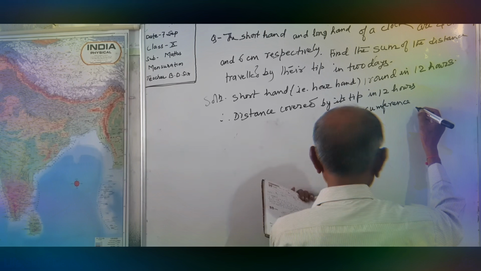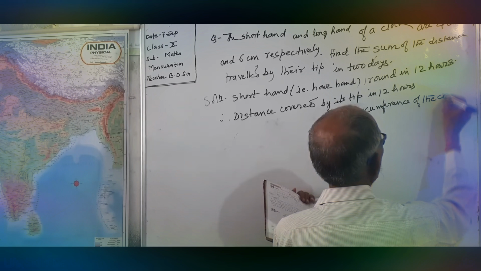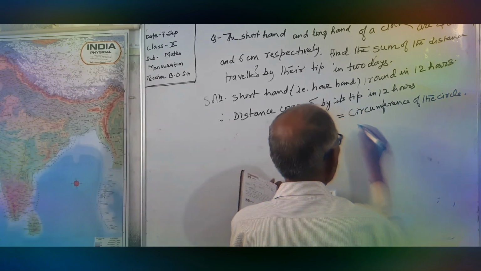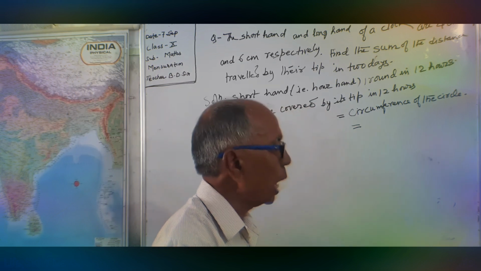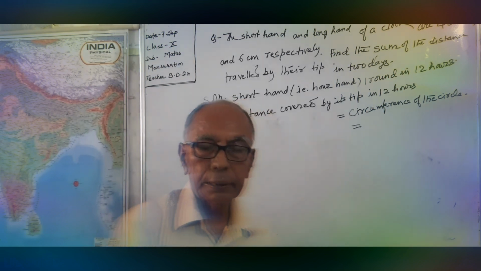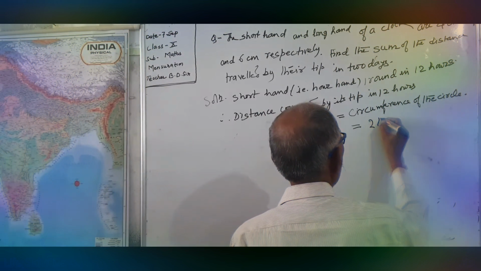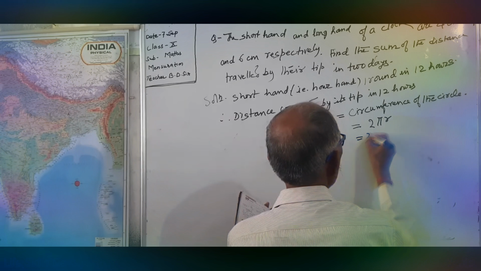Circumference of the circle when it makes one round. You know there is a formula to get the circumference of the circle, and this is 2 pi r. So 2 pi r is equal to 2.